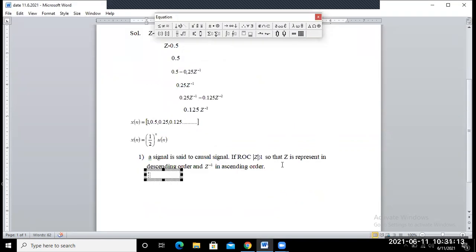That means X(z) equal to z plus z square by 2 plus z square by 3 plus z plus z cube.